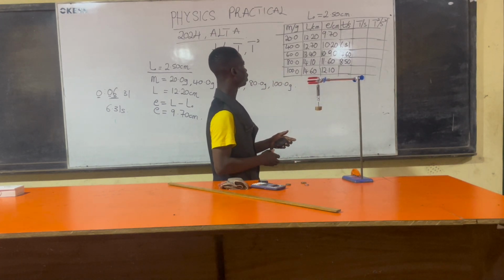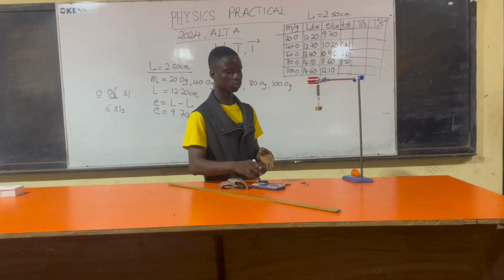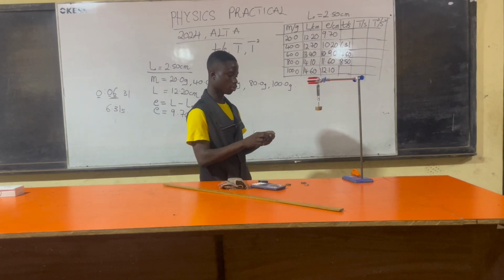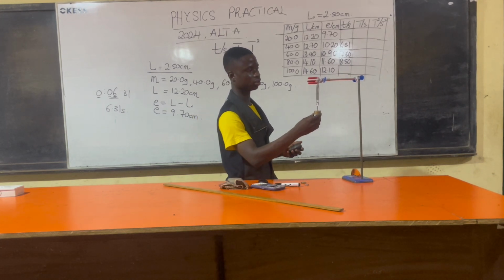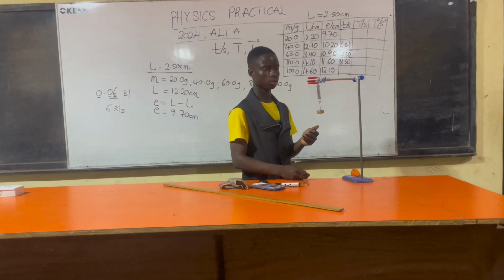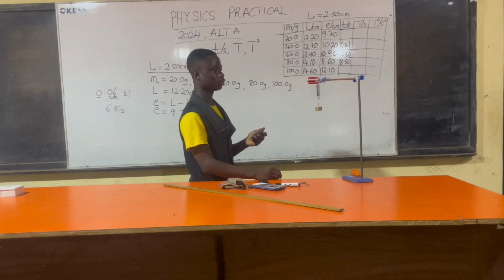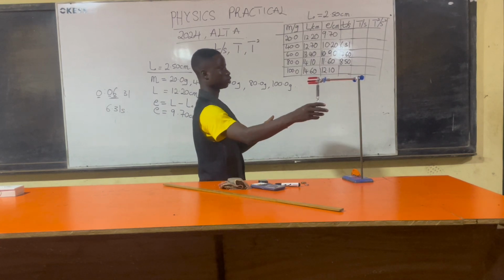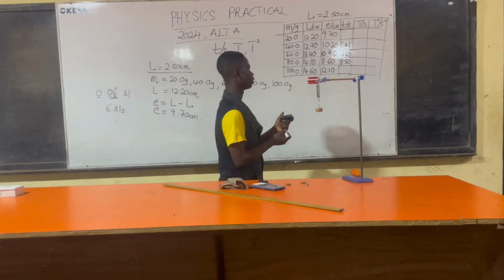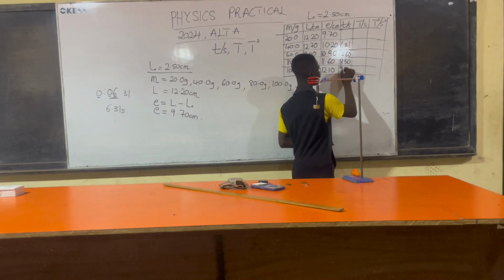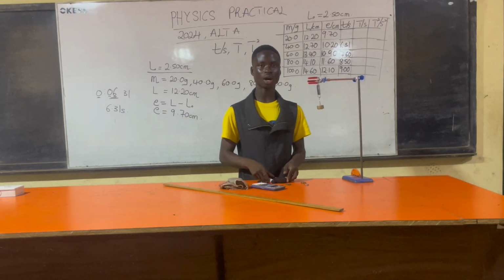So let's record our time for 20 complete oscillations for mass 100. So we are done. We have 9.00 seconds. Now we are done with our values.